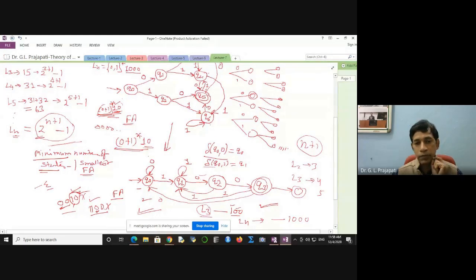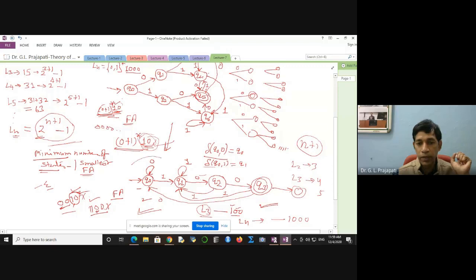And for remembering the last 2 symbols, you cannot construct the machine with less than 3 states. For remembering the last 2 symbols, you must have at least 3 states in the machine. It is not possible to construct the machine for the language that ends in 10 with less than 3 states.